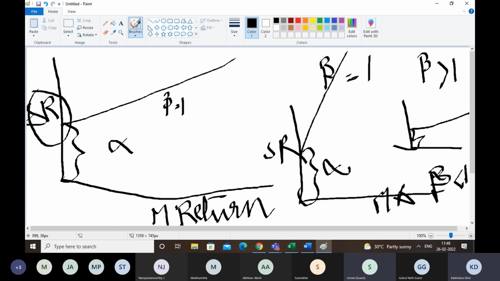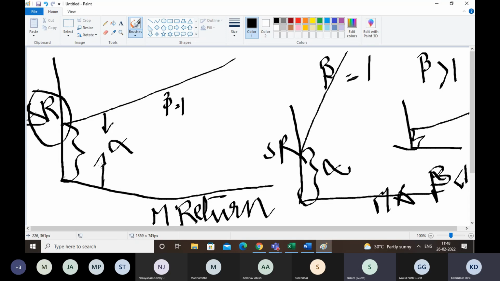I told you about the intercept point, alpha. Alpha is the characteristic regression line intercept. This is the distance between the horizontal axis and the intercepting point. So here the stock return is independent of the market return.